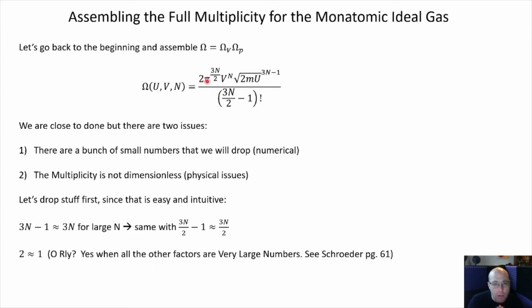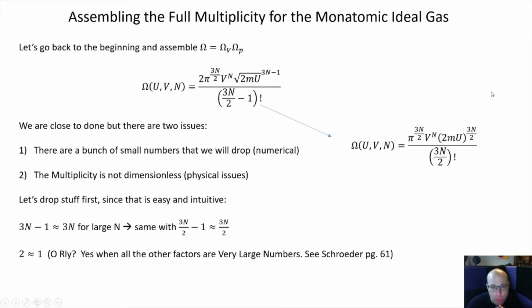And so multiplying by a number that's just of order 1 or 10 or even 100 is an irrelevant operation. So you can just drop it. If you don't like that, I can point you to places later in our calculation where you'll see how it would have been dropped anyway. So we drop it now.